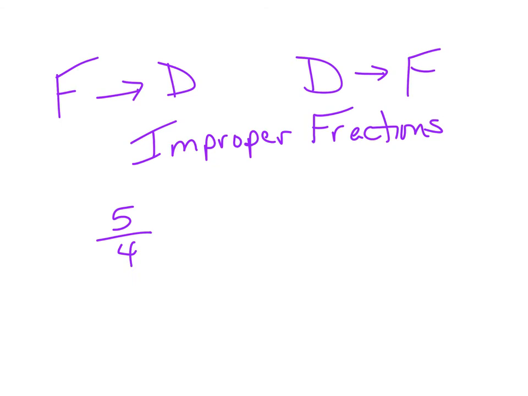Now you know that's an improper fraction. So you're still going to do top in, bottom out. You're still going to divide it to make it into a decimal. So I'm trying to get a fraction into a decimal, but it's an improper fraction. So you're going to do the 5, top in, bottom out.